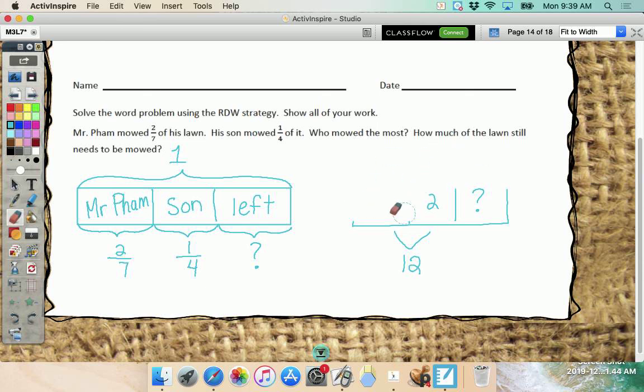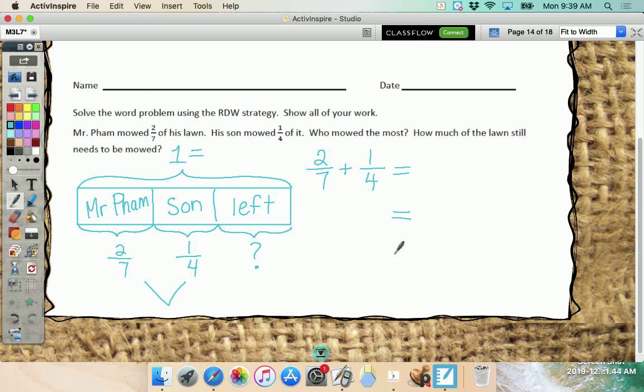Instead of having 20 for a total, though, 1 whole is going to be our total. So that's the tricky part. Because I need to know what that is as a fraction. So if I add these together, what's my problem going to be? 2 sevens plus 1/4. And I need 3 equal signs, don't I?